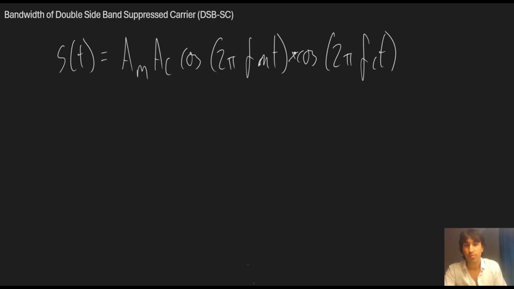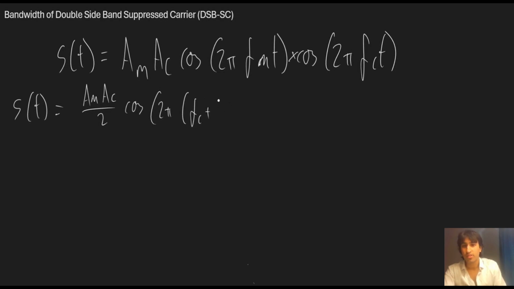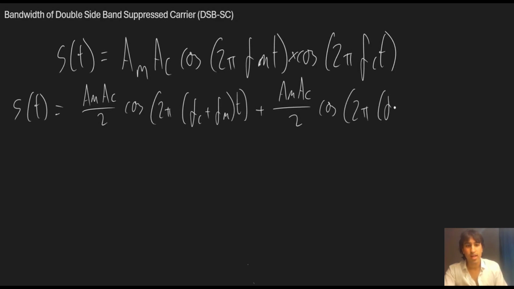So s(t) equals Am Ac divided by 2 cosine 2 pi (fc plus fm) t, plus Am Ac divided by 2 cosine 2 pi (fc minus fm) t.